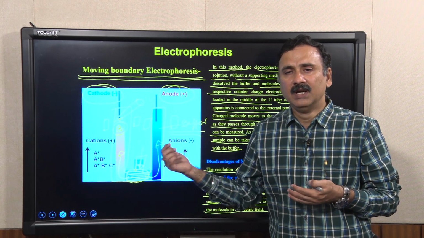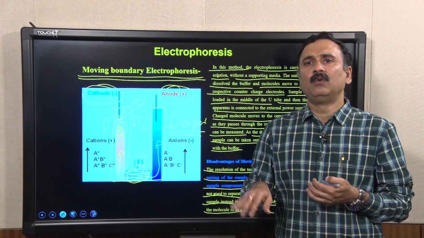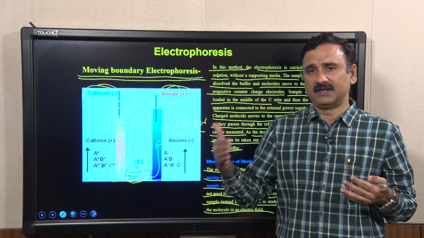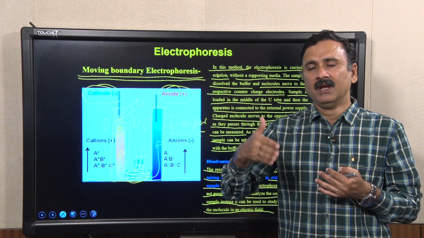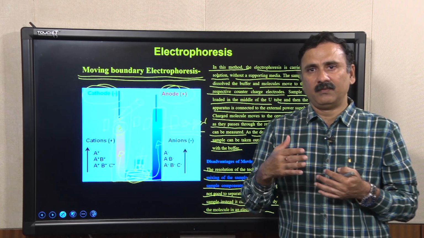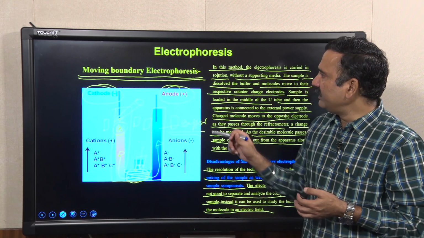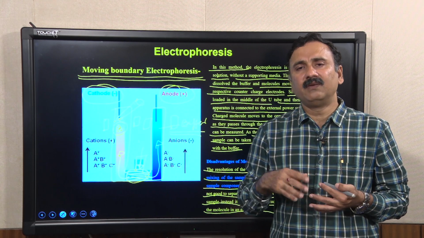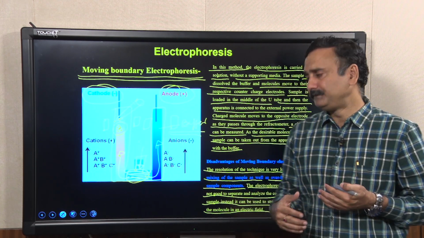For example, if you load E. coli lysate or mammalian cells lysate, it will not be able to resolve the samples, because you do not have any supporting media, so it will not experience any kind of friction or separation of the molecules. So, because of that, the moving boundary electrophoresis was not very popular, and then people started developing new techniques.